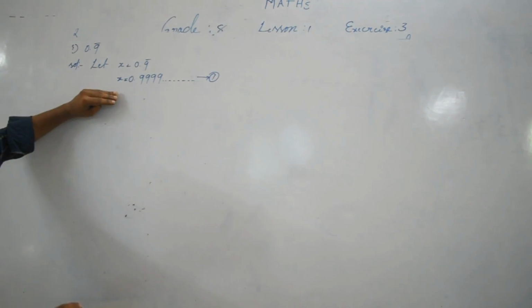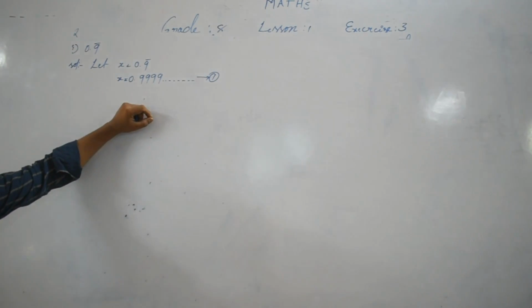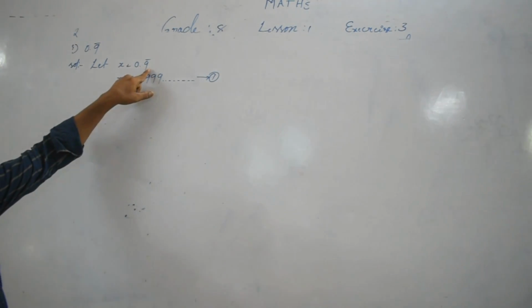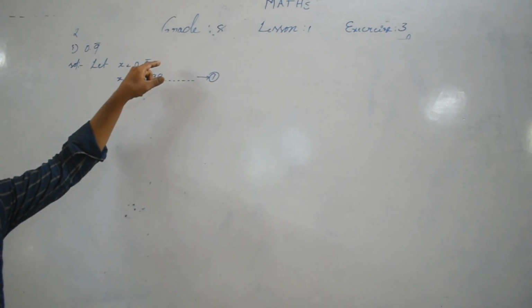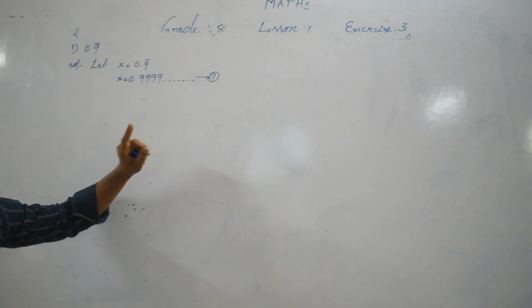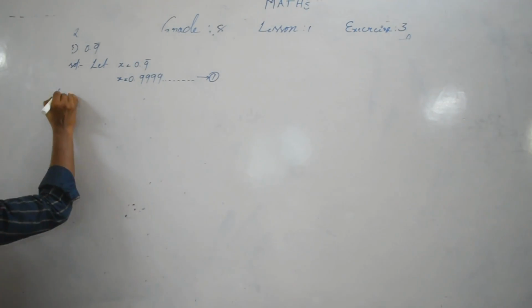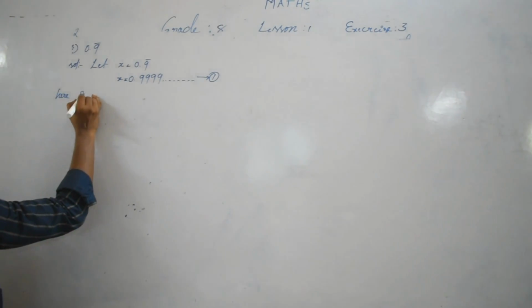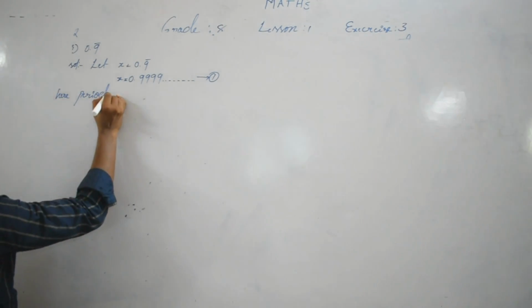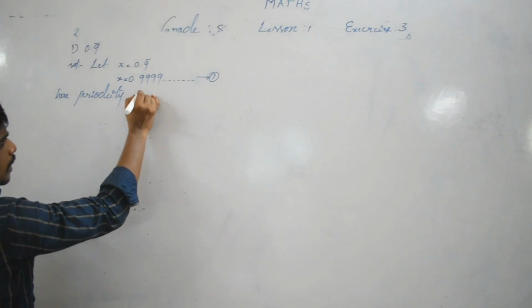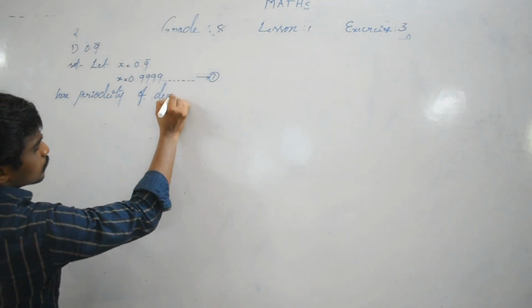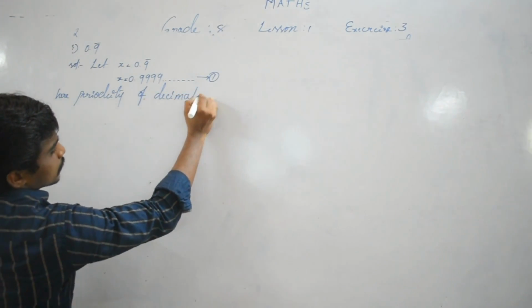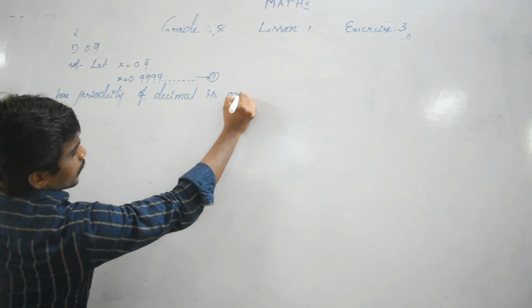So here, the periodicity of the decimal, how much is given? How many numbers do I have under the bar? 1 number. So the periodicity of the decimal is 1.